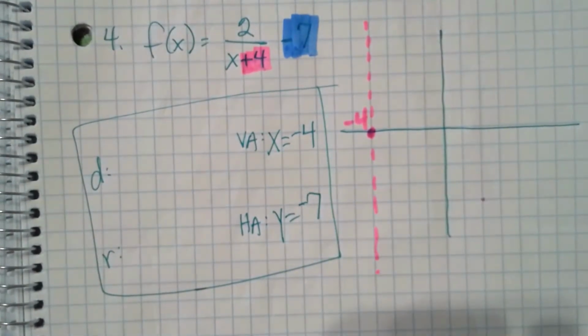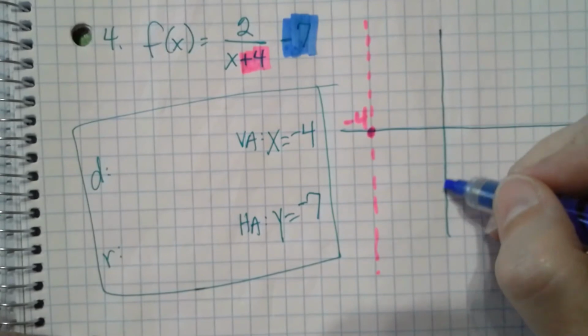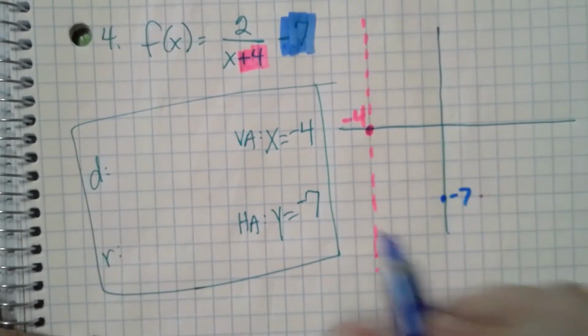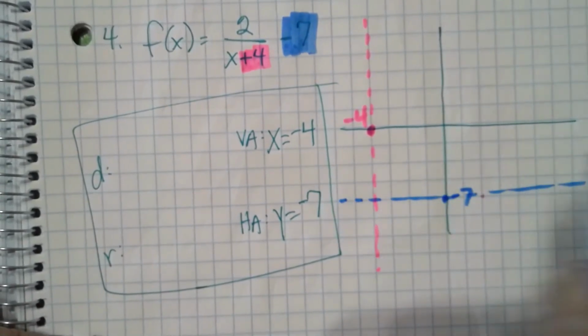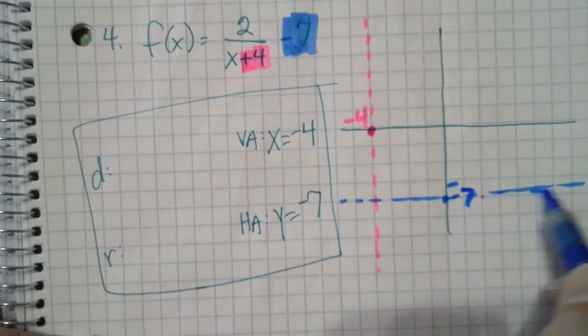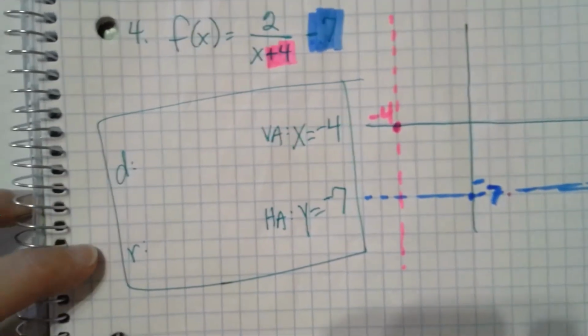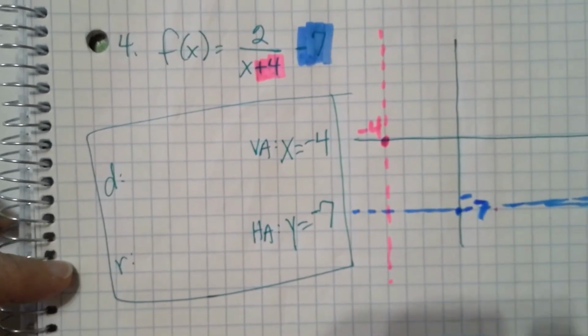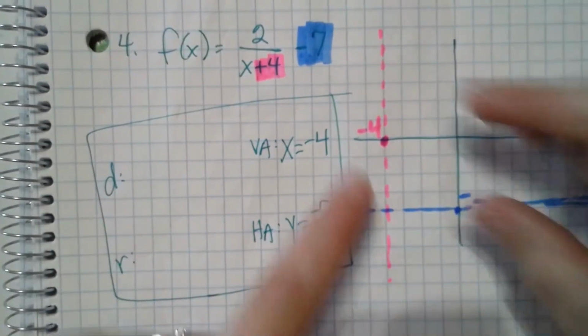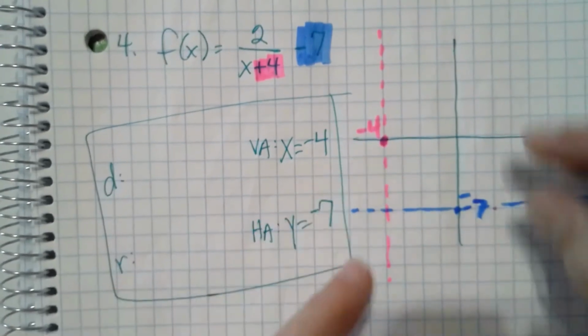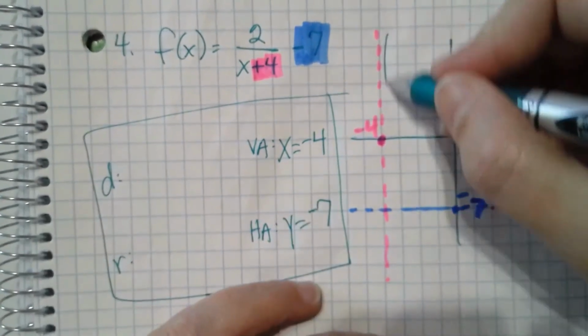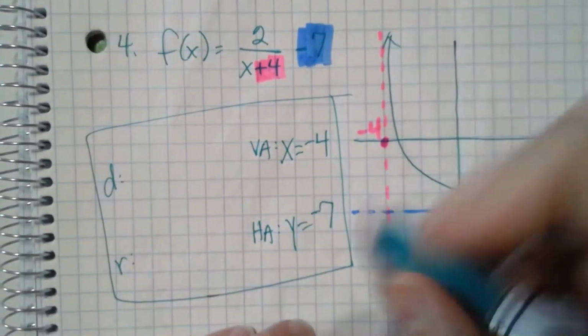Awesome. So at y is -7, 1, 2, 3, we'll pretend that this is -7. We're going to put a dot right through there. Doesn't have to be perfect. Okay. So when I sketch this, is it going to be in the original 2 quadrants, or is it going to be reflected? It's in the original 2, so it's going to be something like this.